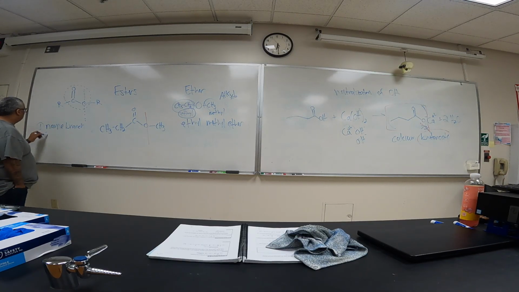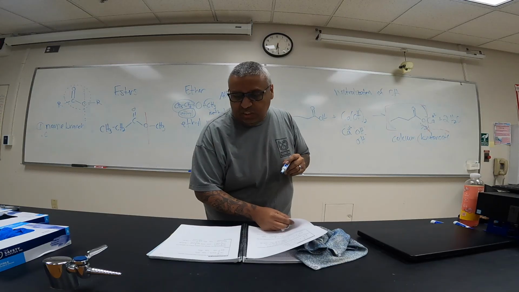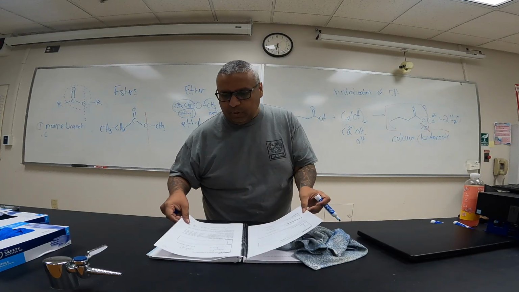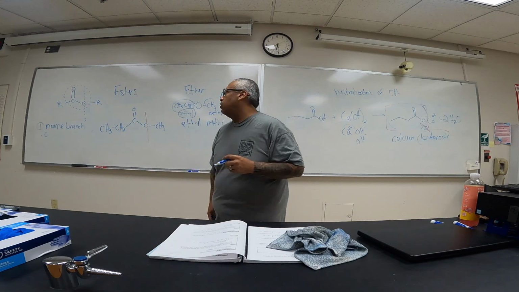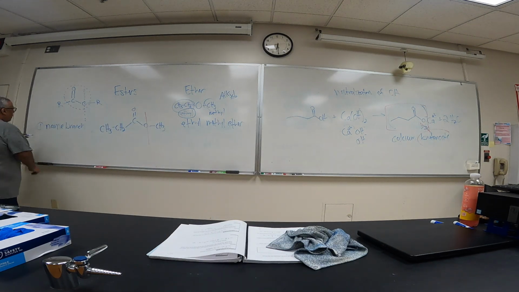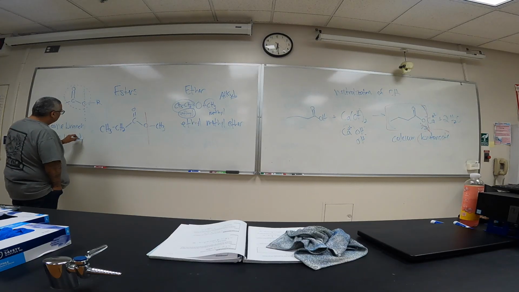Name the branch that's off the oxygen. I don't think these get too complex that we're putting branches on these, but let me just double check. Yeah, I don't believe we're putting branches on. Okay, so we're going to say name the branch, and then second, we're going to name the carboxylate.